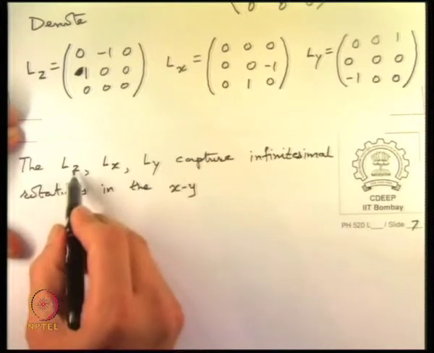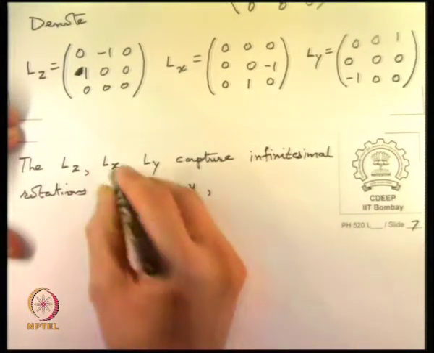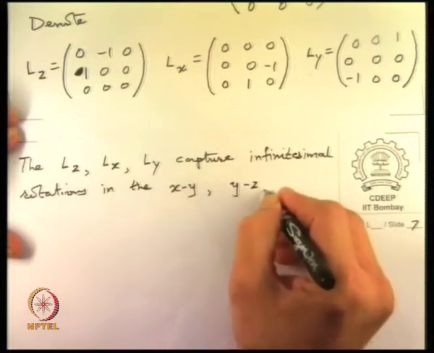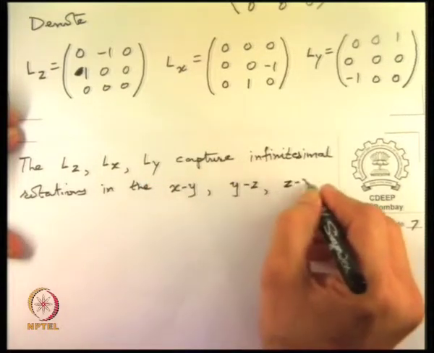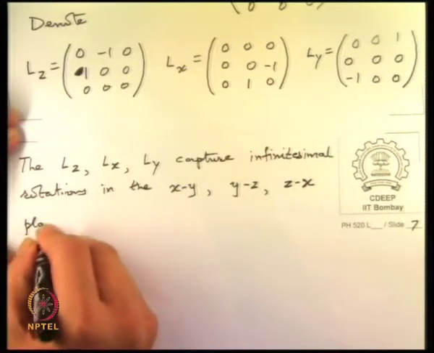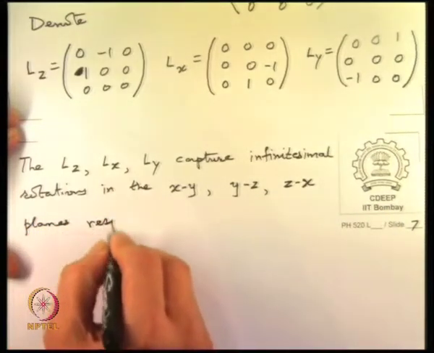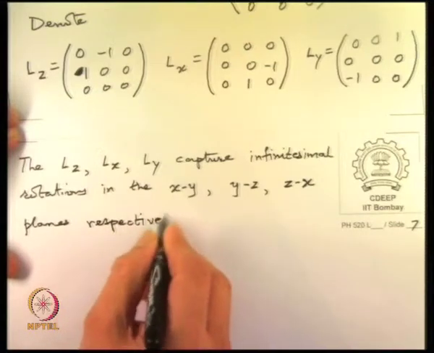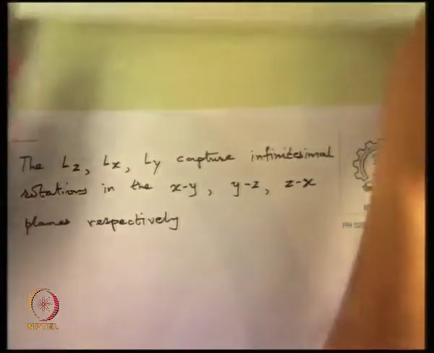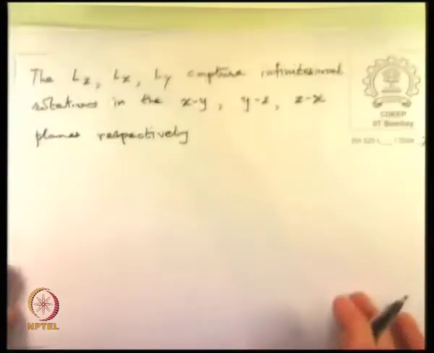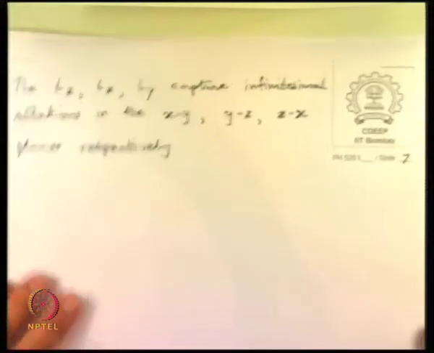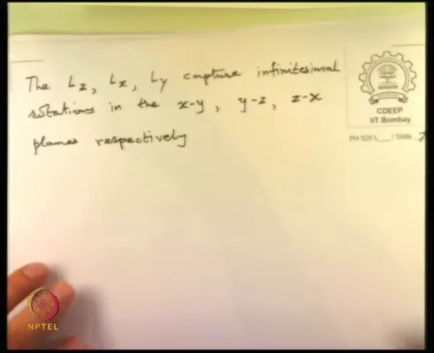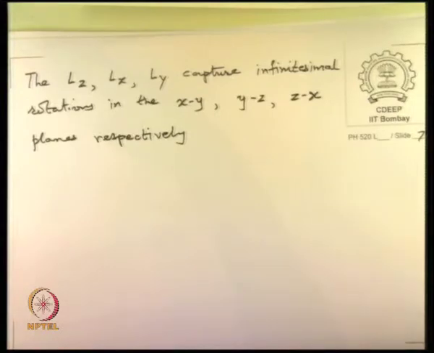Okay. So, z, x, y, x, y, z and y, z, x. Now, if you restrict yourself to only z axis rotations or the xy plane rotations, then the Lz matrix is enough to capture everything.